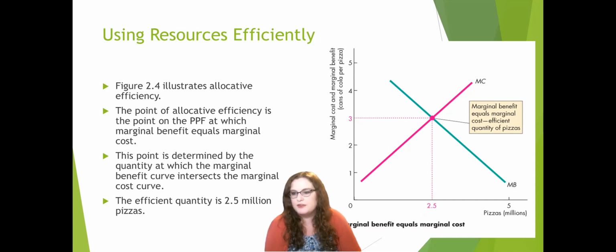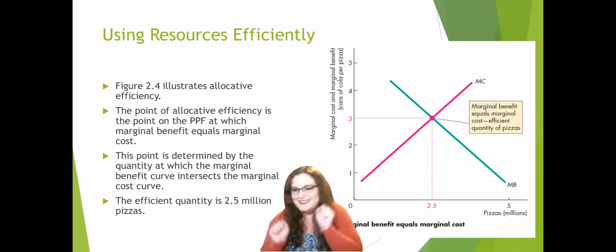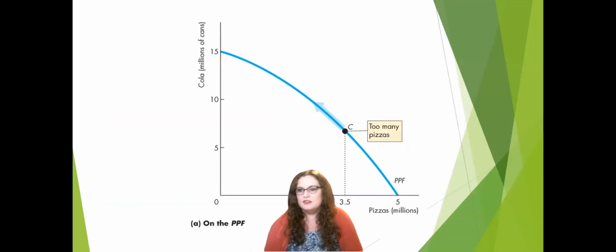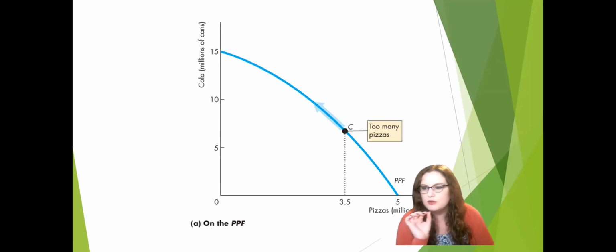And the extra benefit we get from one more pizza is equal to about 3 sodas. So the benefit we get, about 3 sodas' worth, is equal to the cost of the 3 sodas I'd have to give up to add pizza. Isn't that cool? I'm really excited for that. So that means that we want to be along this production possibility frontier. We see our pizzas in millions and our colas in millions, so we know that we're allocatively efficient at 2.5 million pizzas.